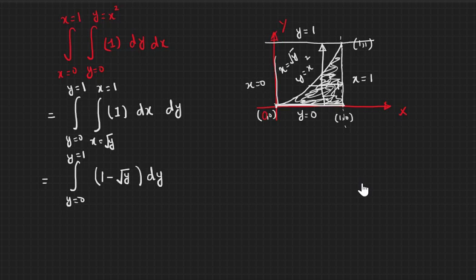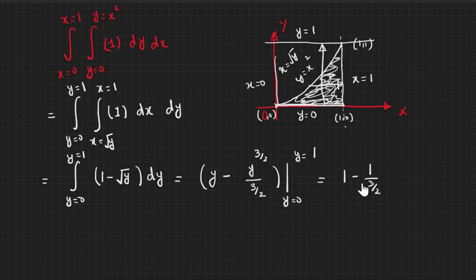Now the integration with respect to y would give us y minus y power 3 over 2 divided by 3 over 2. Taking the limits of integration, y is equals to 0 to y is equals to 1. Now when we apply these limits of integration, that would be 1 minus 1 over 3 over 2.